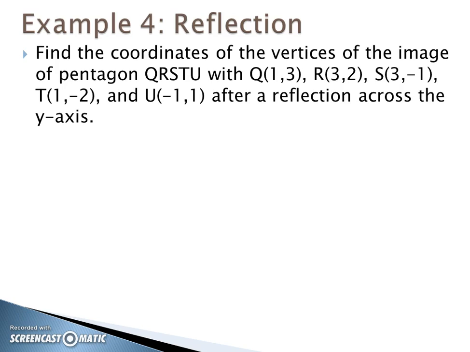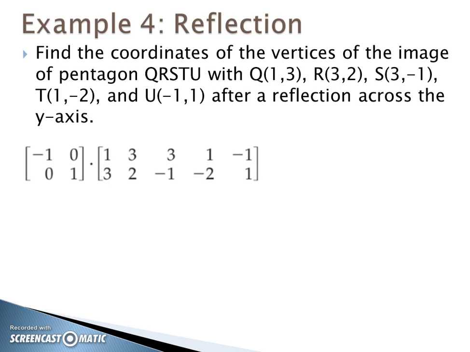So let's look at an example here. The idea here is that we're going to write the ordered pairs as a vertex matrix to start. So we have 1, 3, 3, 2, 3, -1, 1, -2, -1, 1. We're going to multiply on the left by the reflection matrix for the y-axis, which is -1, 0, 0, 1.